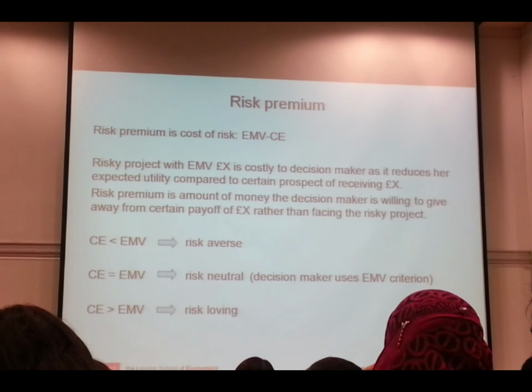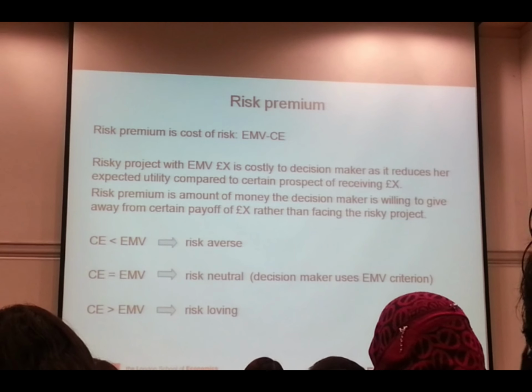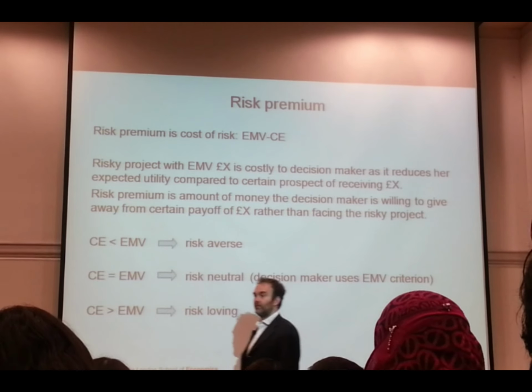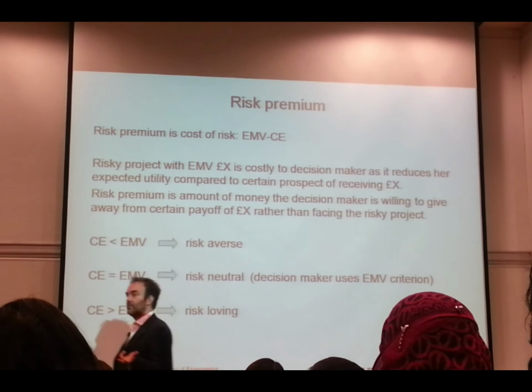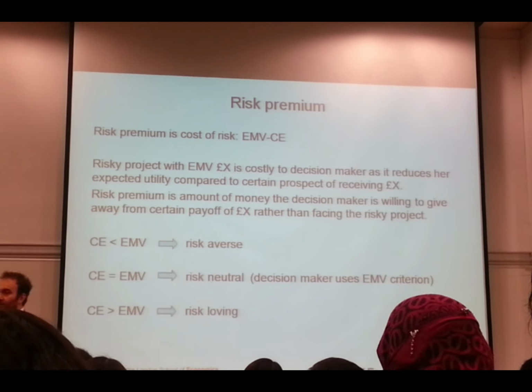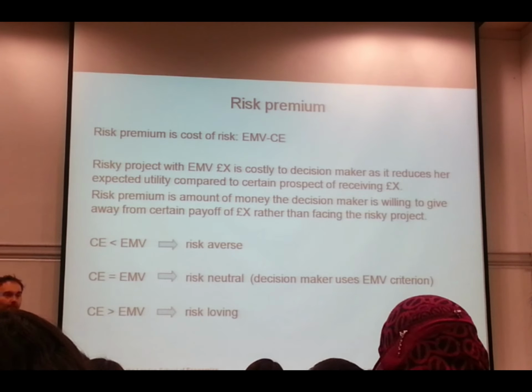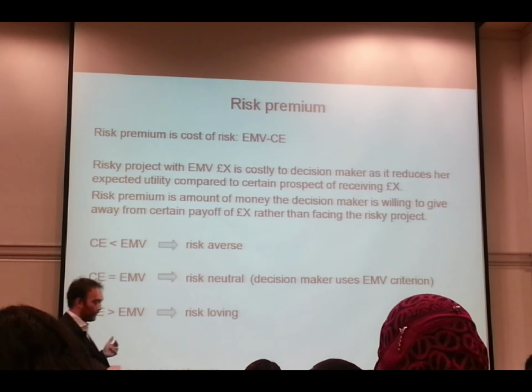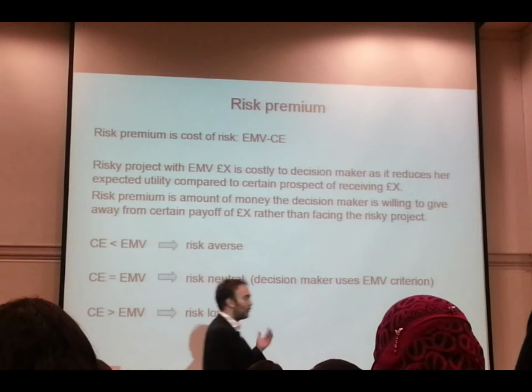So you've got a lottery, and I'm going to tell you, well, 100 pounds is 100 pounds. So 100 pounds in expectation should be worth the same to you as 100 pounds for sure, right? But that's not the case if you're risk averse. If you're risk averse, 100 pounds in expectation is actually worse.